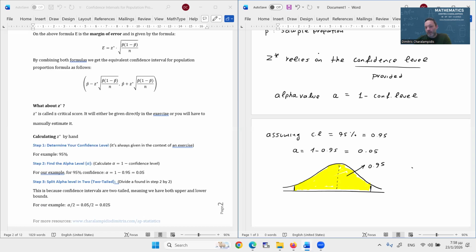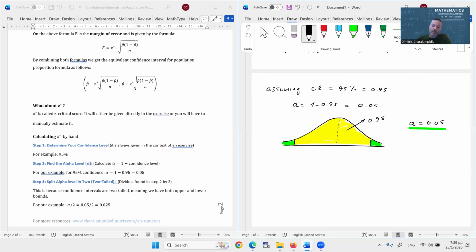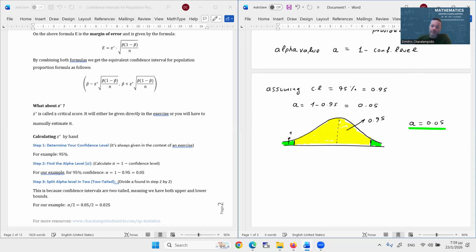The alpha, which is 0.05, if we want to see it in a visualized way, is the combination of these two leftovers, these two together. Since we have a symmetrical distribution, let's call them area 1 and area 2, both of them are equal, and they should be equal to half the alpha value. So here it would be 0.025.